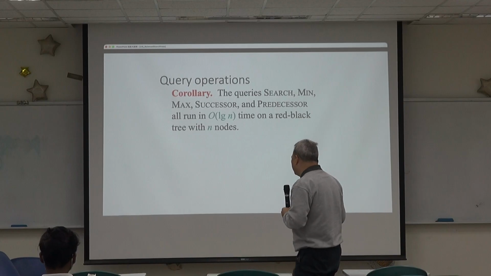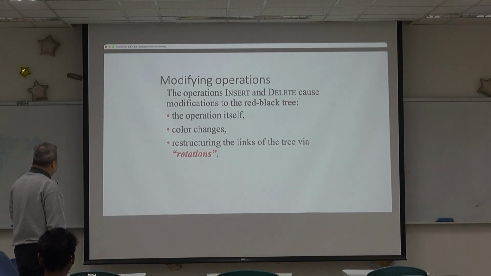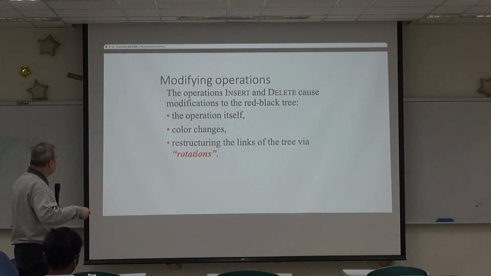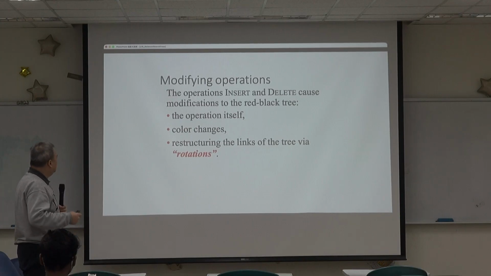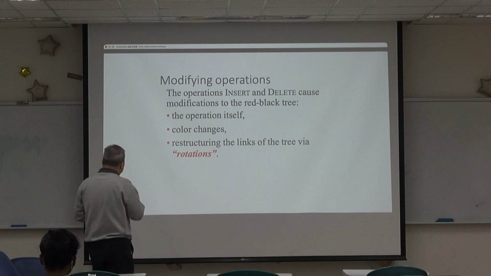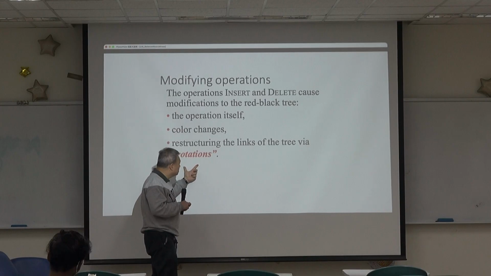That is what we are going to talk about. The modifying operations include insert and delete. They are going to cause modifications of the red-black tree. These operations include the operation itself, the color changes, and also restructuring. The restructuring is what we call rotation.